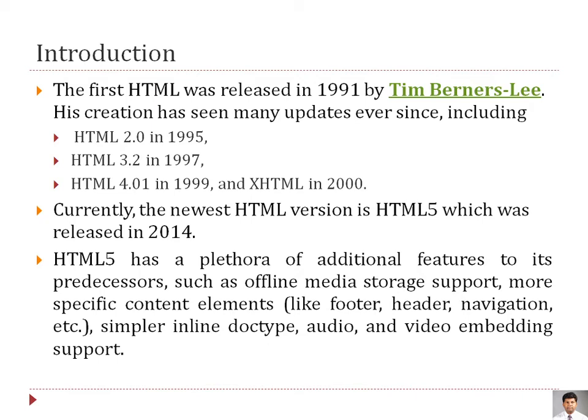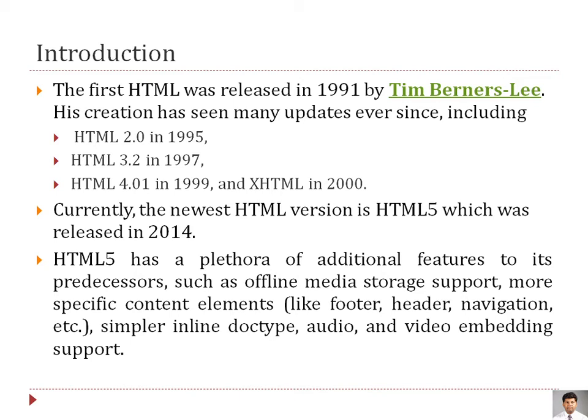Then a revision came into that. What does revision mean? New tags were introduced and added, and new attributes were added for the tags. In 1997 the third version came into existence, that was 3.2, and in 1999 the 4th version came, which was the last version of HTML.